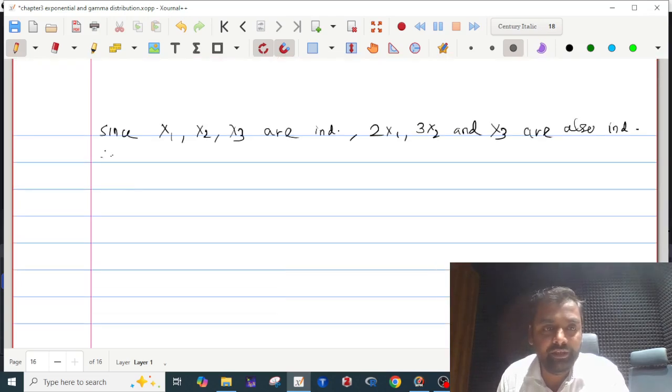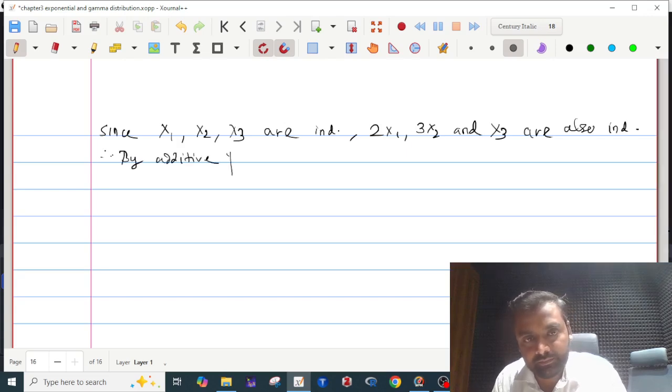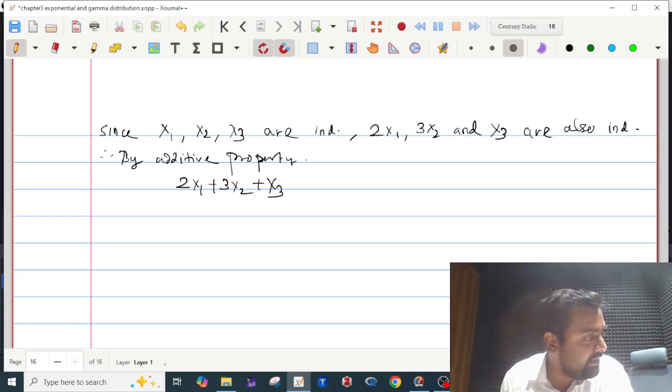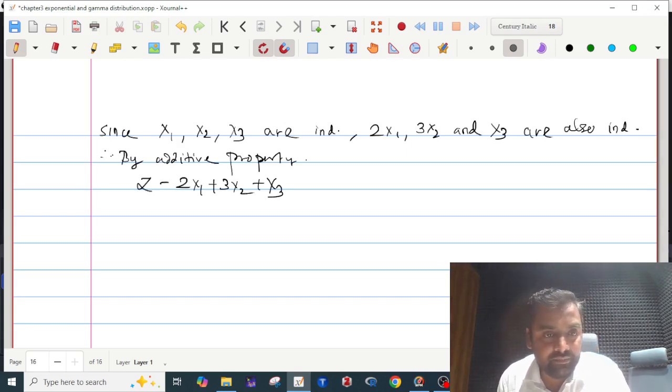Therefore, by additive property, 2x1 plus 3x2 plus x3, which we call z, follows gamma.